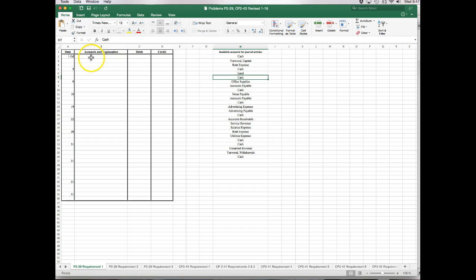You will always list your debits first. So for the first transaction, because of the way it's lined out, you know that the debit is going to be cash and the credit is going to be Yarwood Capital. Okay, now they should be listed out pretty much in the order which they're taken, but if not, it's fine.